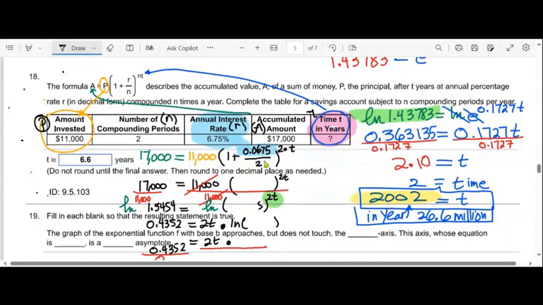Can you please use the calculator and tell me how much 0.0675 divided by 2 is? That will give us 0.03375. Exactly.